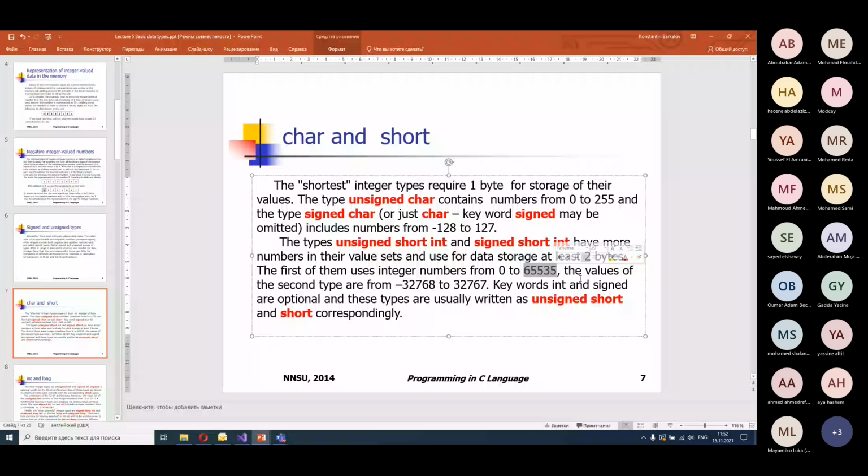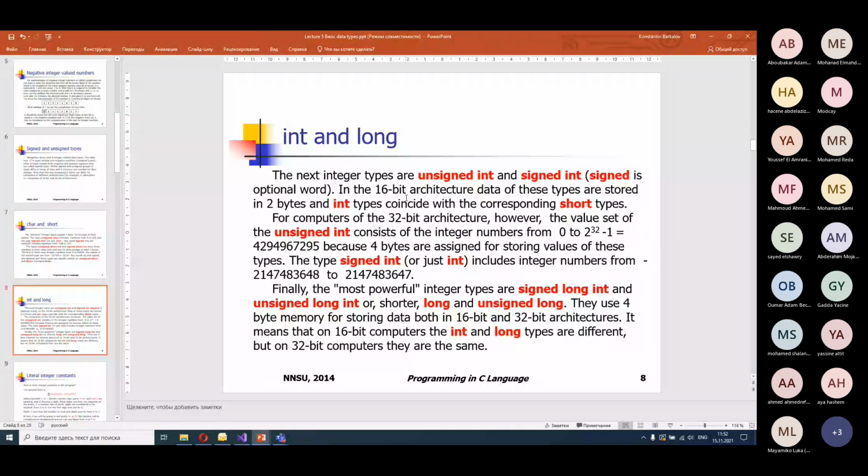And of course, the most used type is just int. When you write just int, it's assumed that this value is signed. If you write int with prefix unsigned, it means that we consider the number without sign, only a positive number.